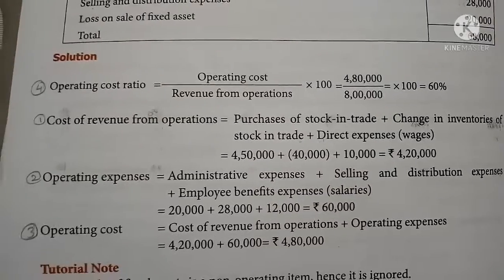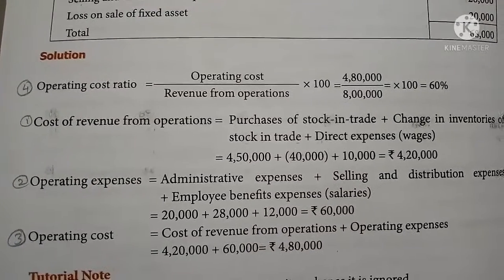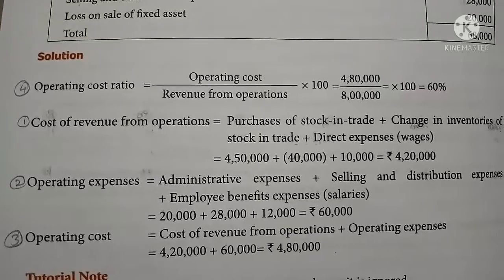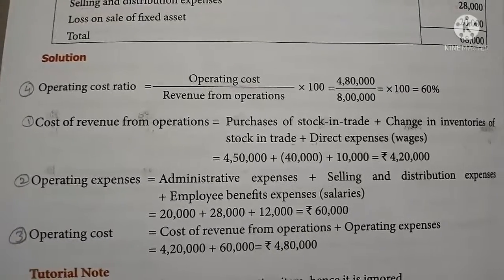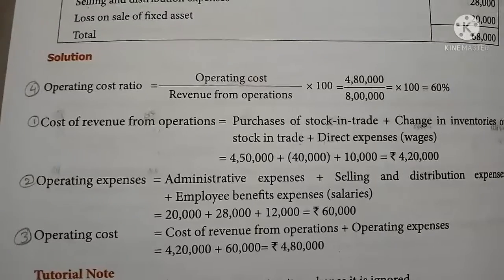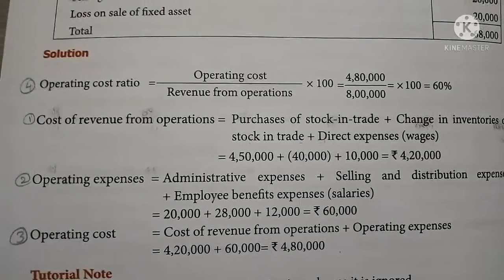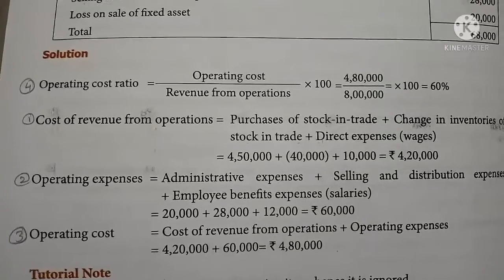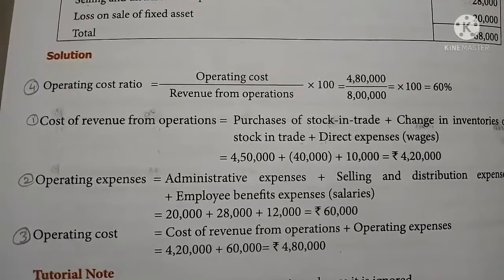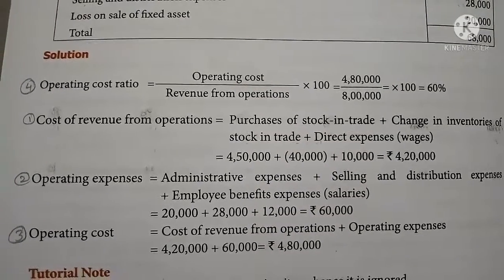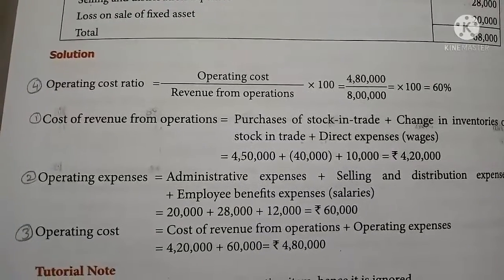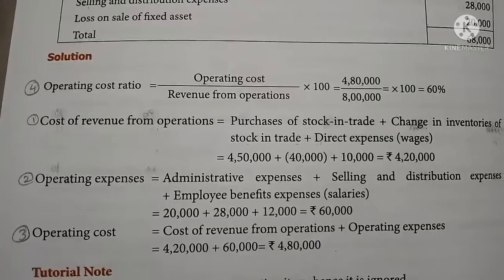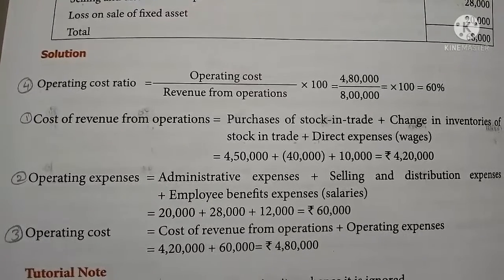Then from the operating expense point of view, in the given problem, whenever we see the work note, administrative expenses, selling and distribution expenses and salaries. So take these three values from the notes to accounts: 20,000 administrative expenses, selling and distribution expenses 28,000 and salaries 12,000. While adding these three values, the operating expense will be 60,000.